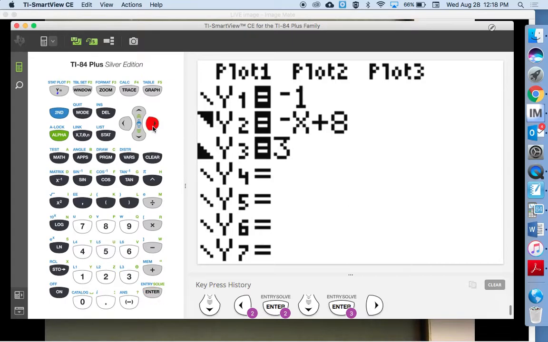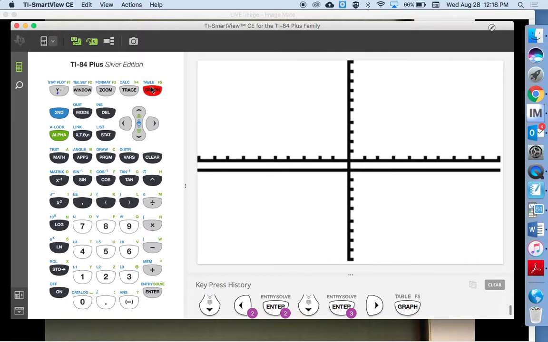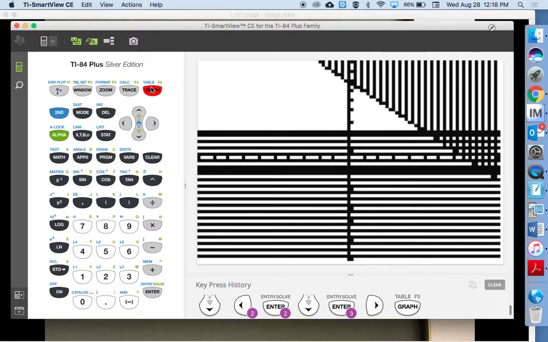So greater than, shade above, less than, shade below. Mine doesn't look as nice because there's a lot of shading going on. So where the two boundary areas are darker, we're looking for the numbers in between where they overlap. So I have the horizontal lines and the vertical lines as an area in between there. Questions?